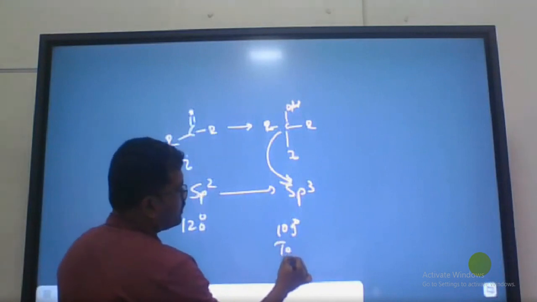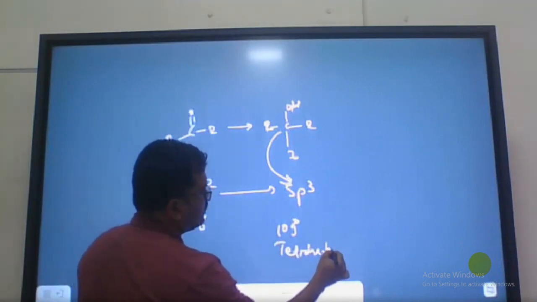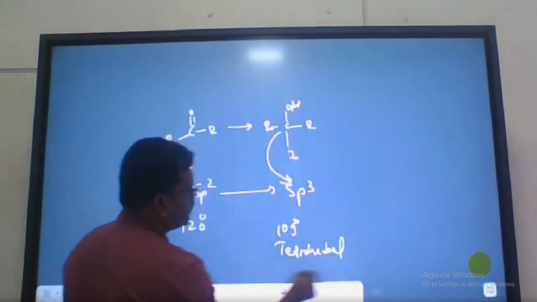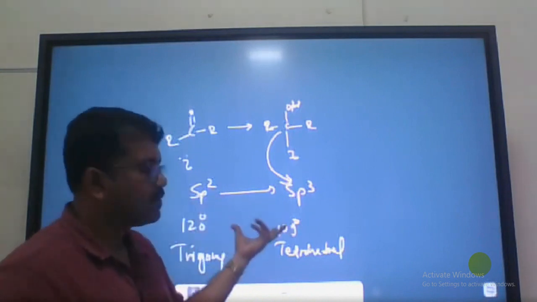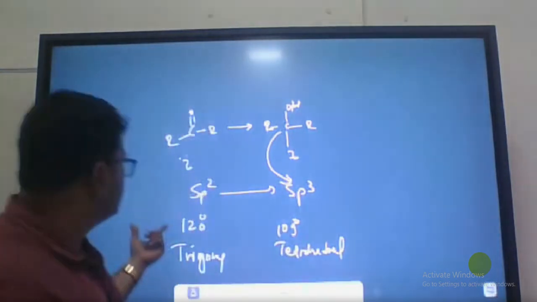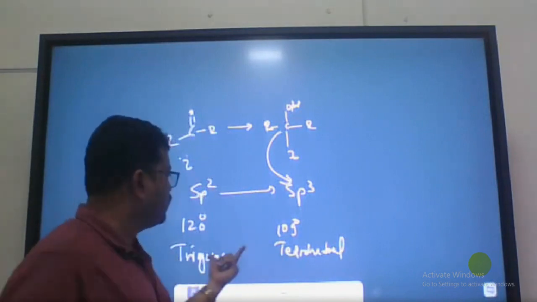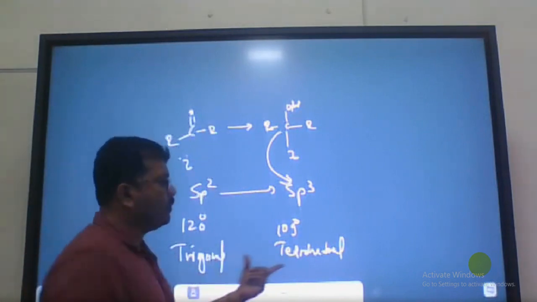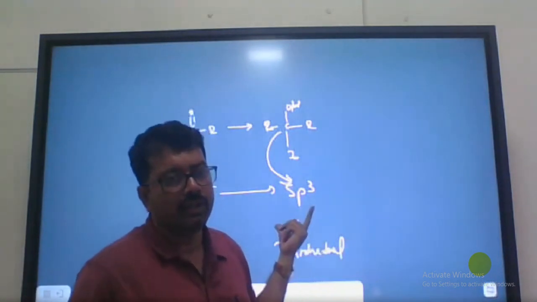This is tetrahedral; this is trigonal. After addition, this many changes have happened: sp2 to sp3, 120 to 109, and trigonal to tetrahedral.